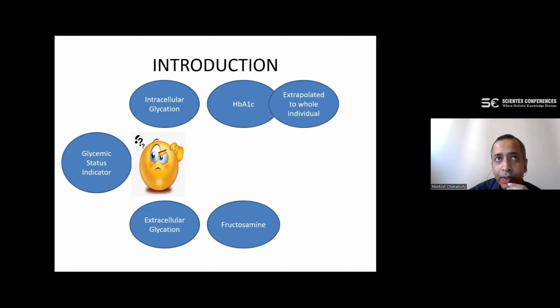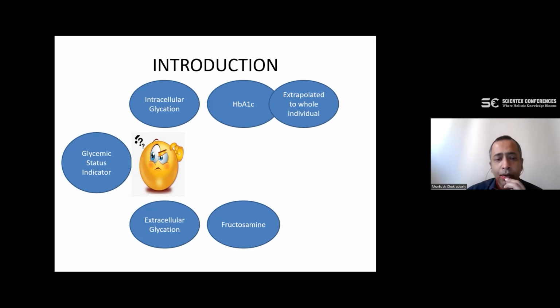So as a glycemic status indicator, we either take HbA1c, an intracellular glycation marker, and extrapolate it to the whole individual, or in some cases we take fructosamine, which is less popular because it has a half-life of around 3 weeks. But that is exclusively an extracellular glycation marker, and we extrapolate it to the whole individual.